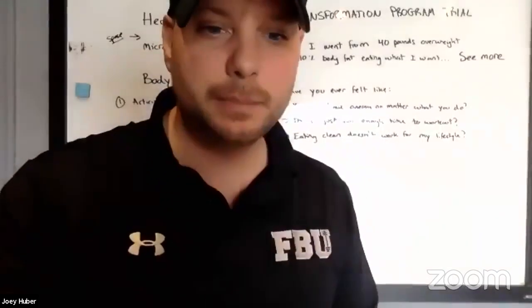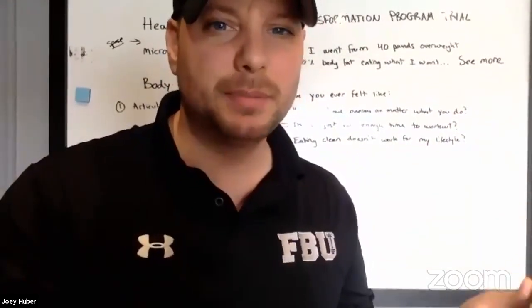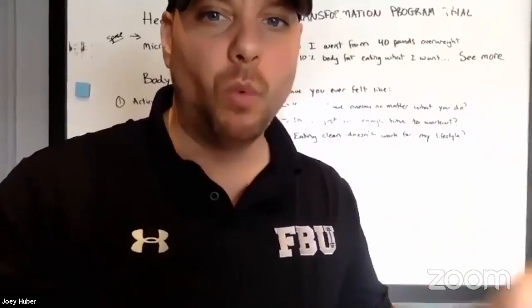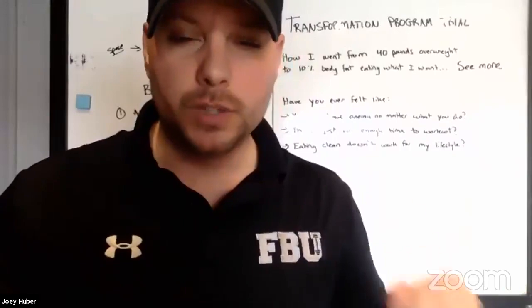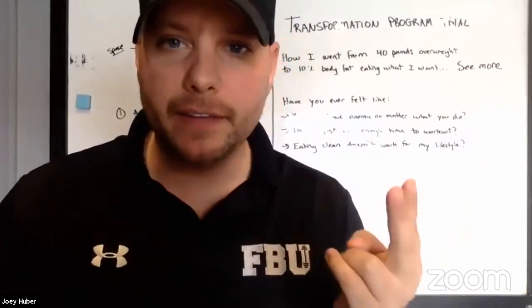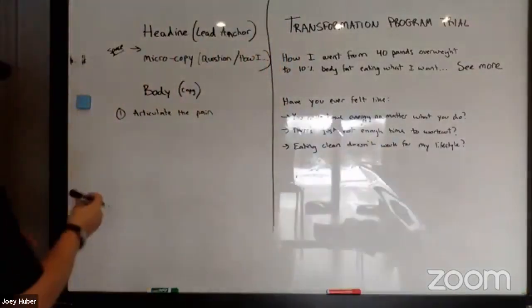Now, the next piece of copy is you want to explain what they need to do and why they need to do it to get rid of that pain. Now, we're not saying how, we're just saying what they need to do and why they need to do it, okay? So let's write that down in step 2.